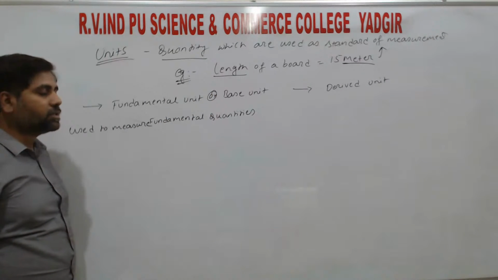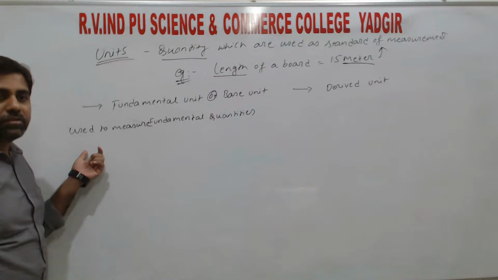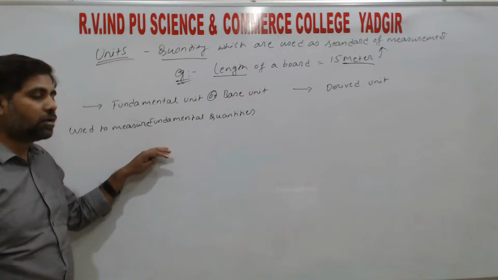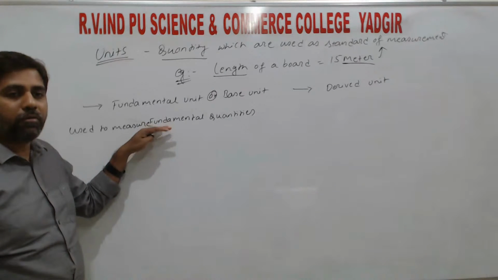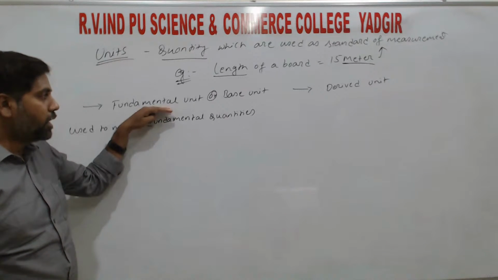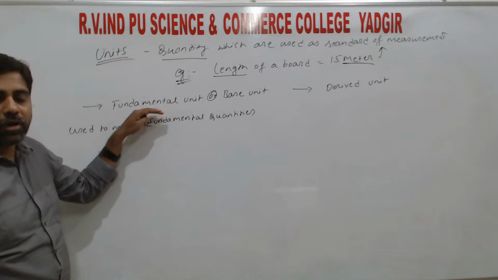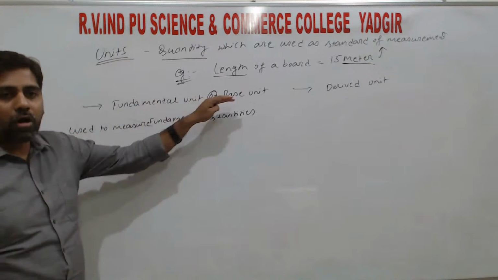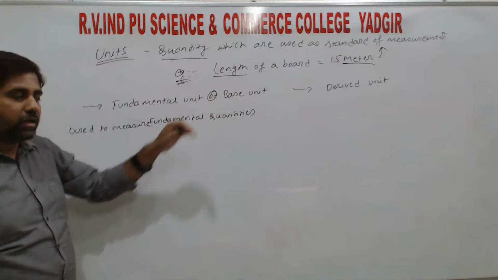In other words, these are the units which are independent from all other units, right? In simple words, to remember: the units used to measure fundamental quantities we call fundamental units or base units, right?